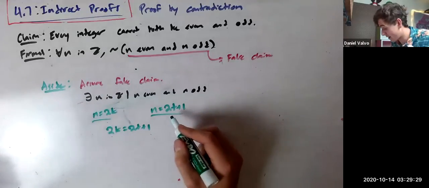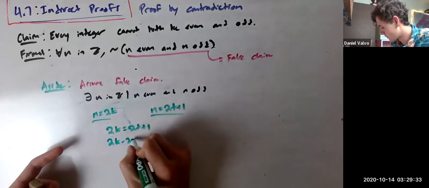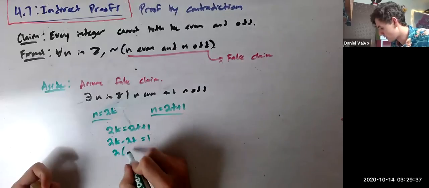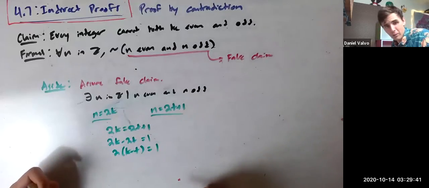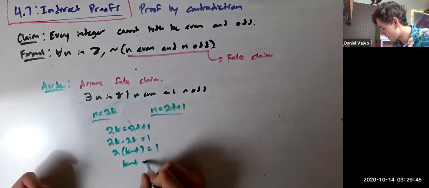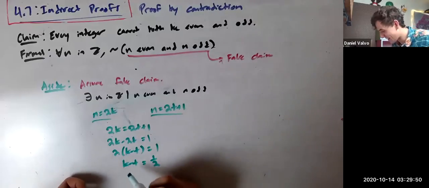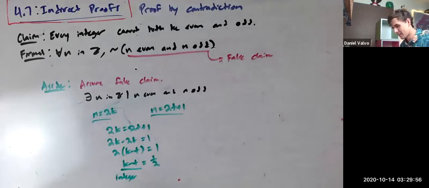But you're on the right track. You subtract 2t from both sides. This means that 2k minus 2t equals 1, which means that 2 times (k minus t) equals 1. Divide 2 from both sides. You get k minus t equals 1/2. Here's the thing. K minus t is an integer, right?